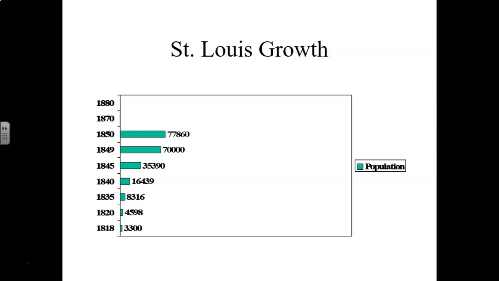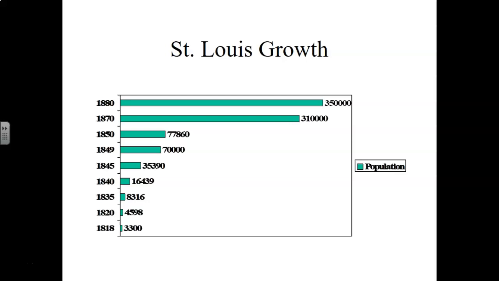In one year, we go to about 77,000. And then in 20 years, we almost triple in size to 310,000. Ten years after that, we're up to 350,000. So in the span of the 60 or 62 years that I have on this chart, we go from 3,300 to 350,000.